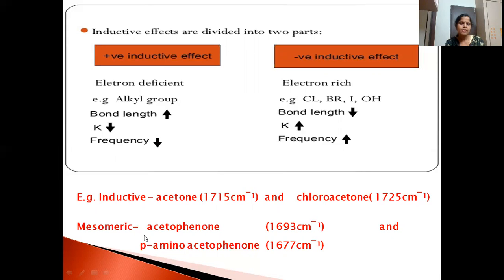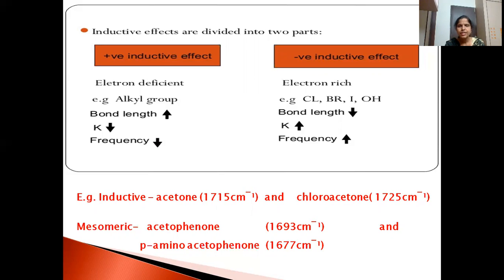Then we also have another effect, the mesomeric effect, where we take the example of acetophenone and para-aminoacetophenone. Acetophenone is CH3, CO and a benzene ring attached to it. Acetophenone shows a C=O frequency at 1693 cm⁻¹, whereas para-aminoacetophenone shows 1677. What is the reason?